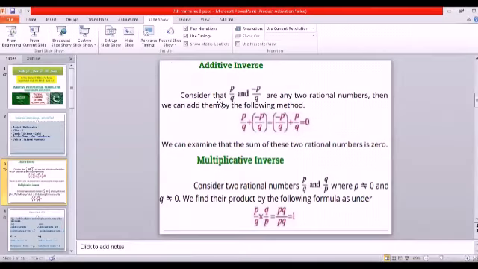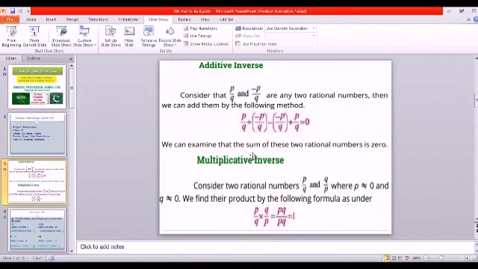Additive inverse. Consider that you have P by Q and minus P by Q, any two rational numbers. Then we can add them by the following method: P by Q plus minus P by Q. When you add these two numbers, they are the same with opposite sign, so we get 0.